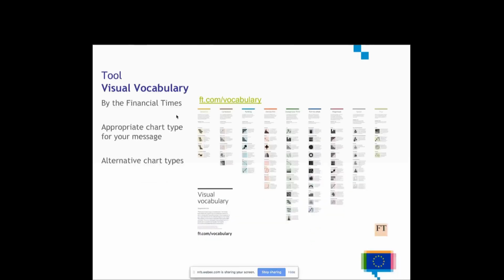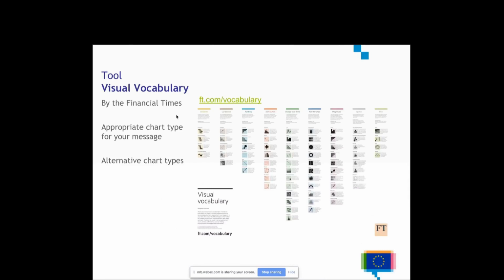The second one is called the visual vocabulary, and the visual vocabulary is like a catalog or a collection of different chart types that you can use to choose an appropriate chart type, or that can give you inspiration for other kinds of charts whenever you are making visualizations.